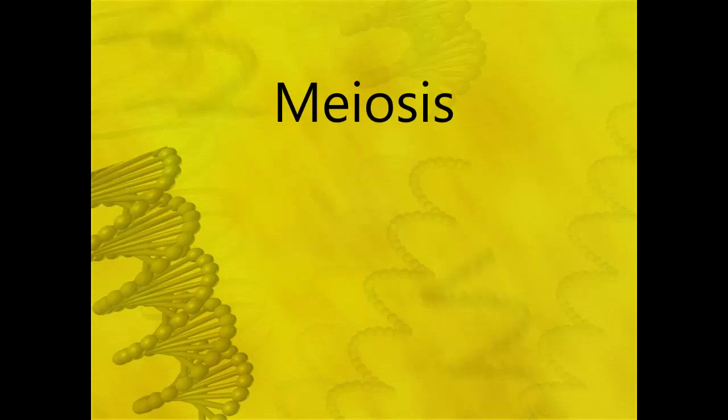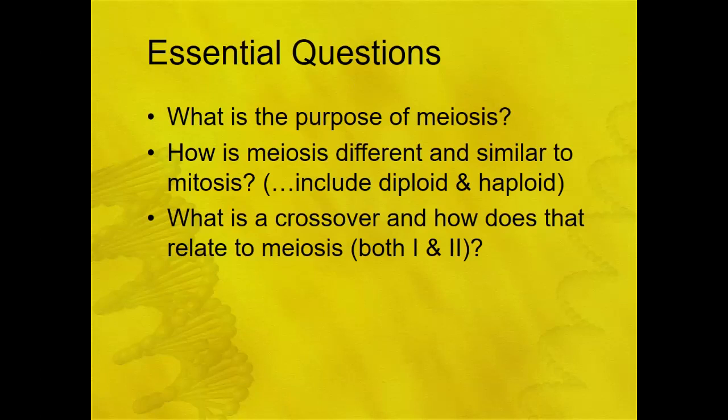All right, so let's go ahead and jump right in and take a look at our essential questions for today. Number one, what is the purpose of meiosis? I kind of gave that away a little early, but it's important to keep in mind what the goal is of mitosis versus the goal of meiosis. They're similar, but they have a very different goal in mind, and as such, there are some differences in the process of how we get there.